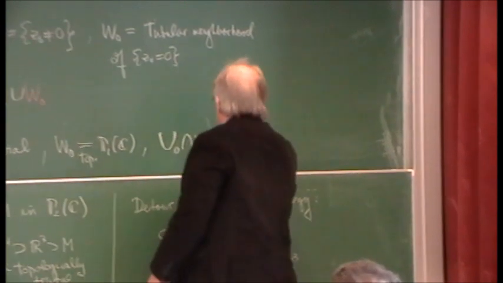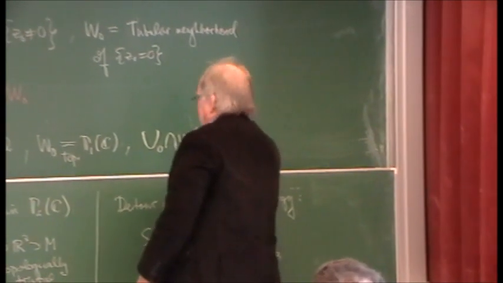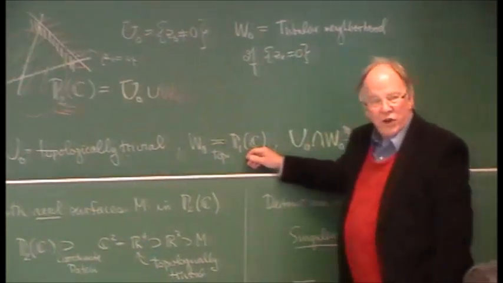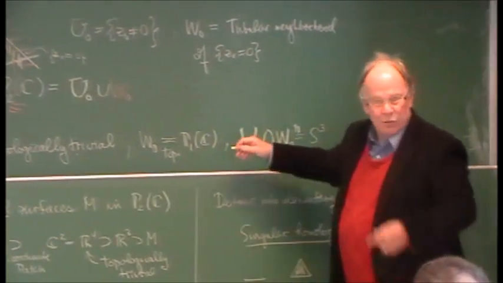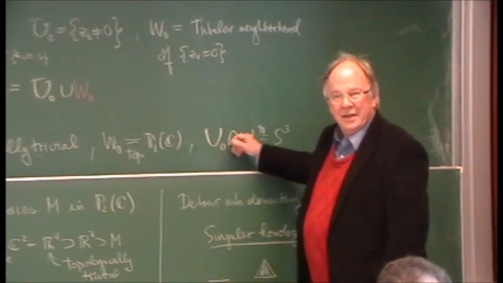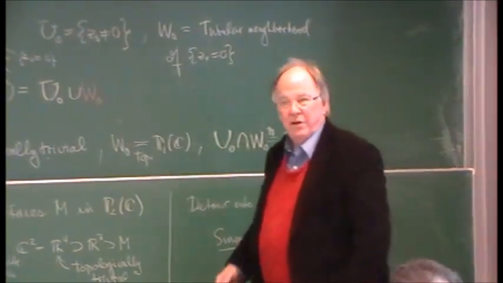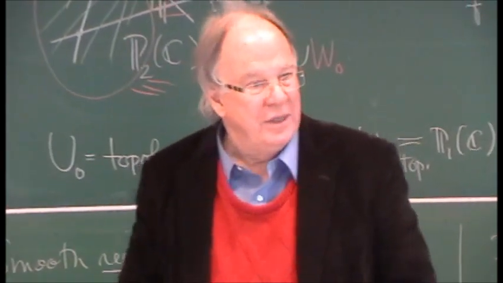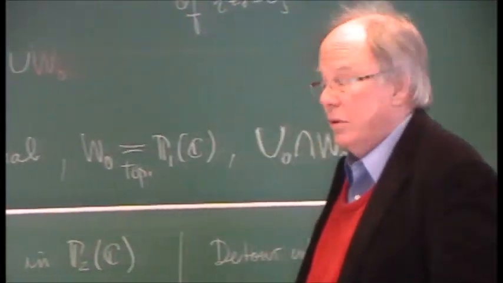So this is S3, topologically S3. So, topologically trivial, well known from before, so we're going to argue recursively. Sphere, we have to do something for the sphere. Similar argument, and you could compute then the Betti numbers of P2.